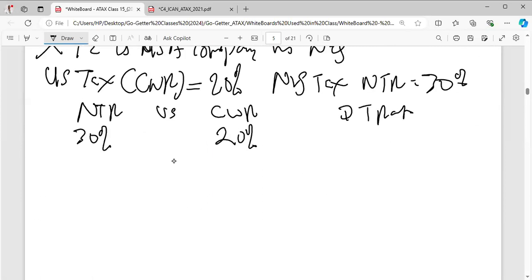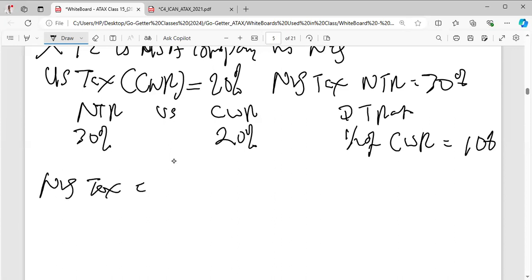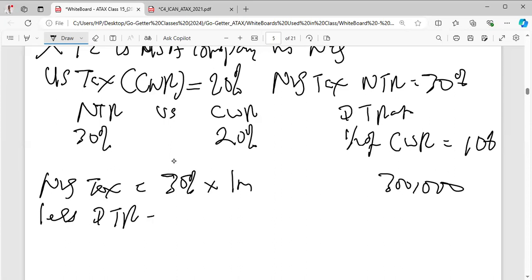So it's going to be half of CWR, which is 10%. So what happened here is Nigerian tax, which is 30% of 1 million, gives you 300,000, less GTR, which is 10% of 1 million, which is 100,000.